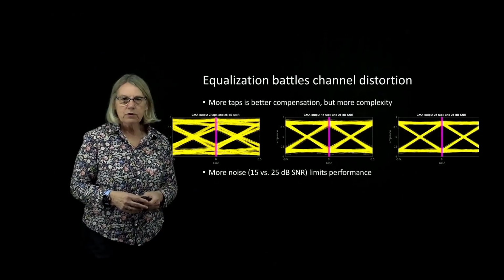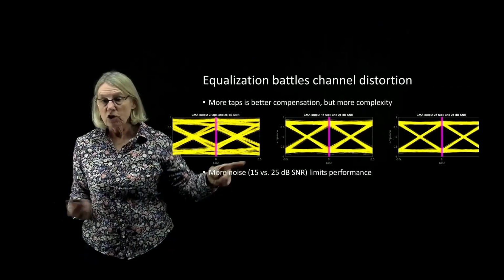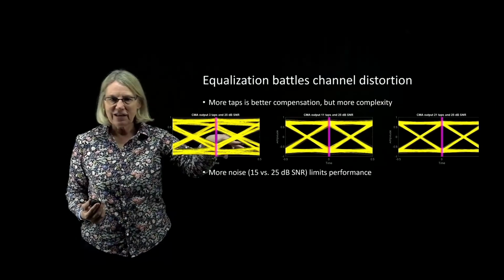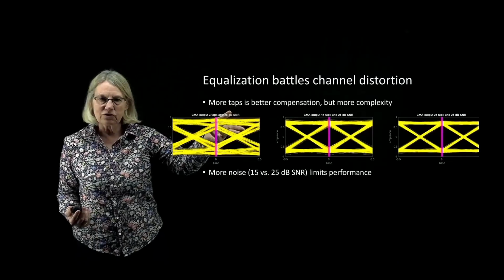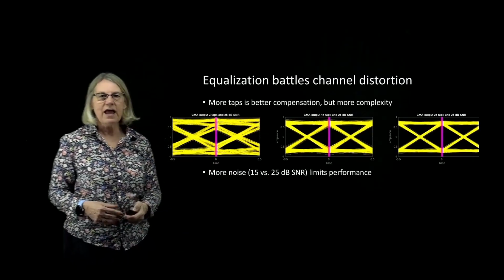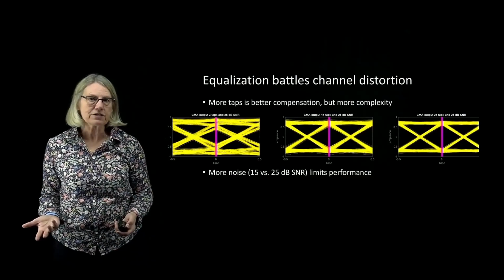So now I'm going to add some more noise. The examples I gave you so far had distortion, but very strong optical signal-to-noise ratio. Now I'm going to go down to 15 dB signal-to-noise ratio, and that is going to, of course, have an impact on what the CMA algorithm can accomplish.